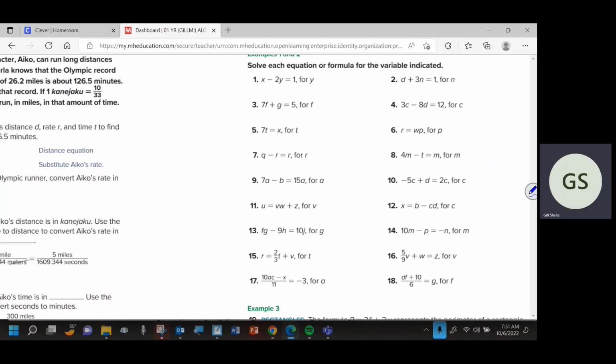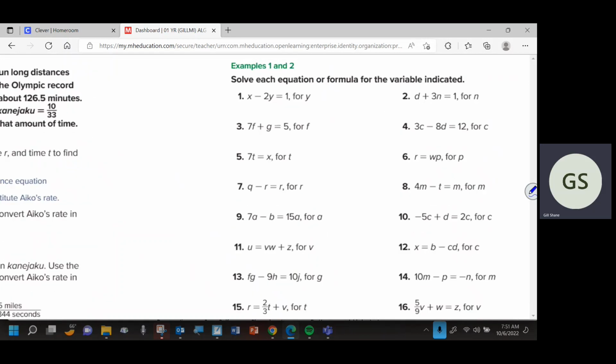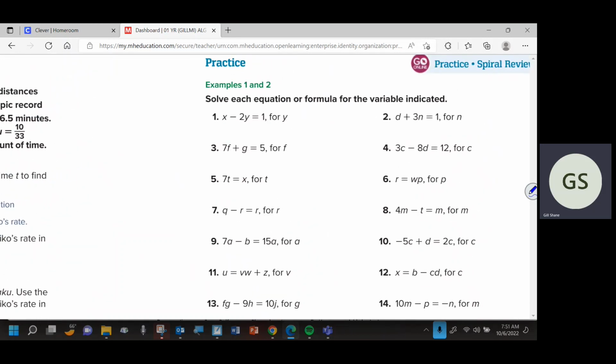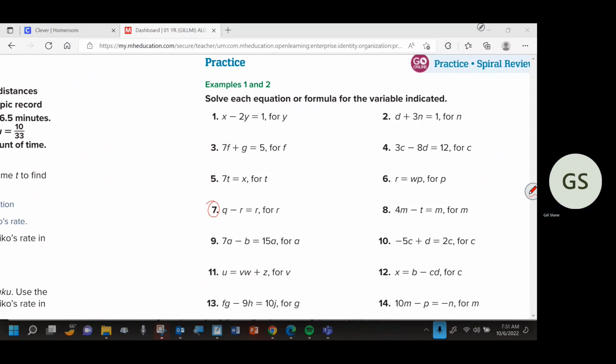All right, so here's the literal equations practice problems. Some of these have variables on both sides. This one here has variables on both sides, R is on both sides. This one here, number 10.